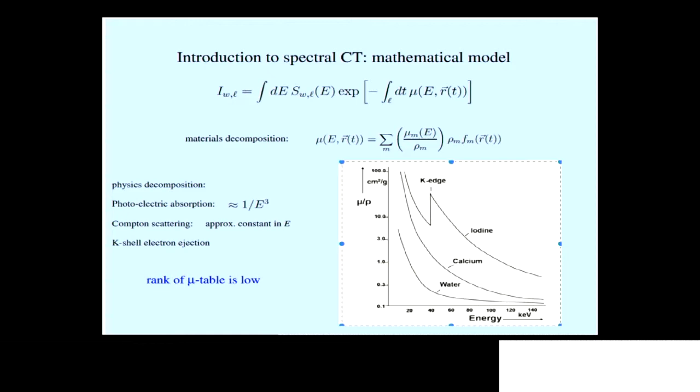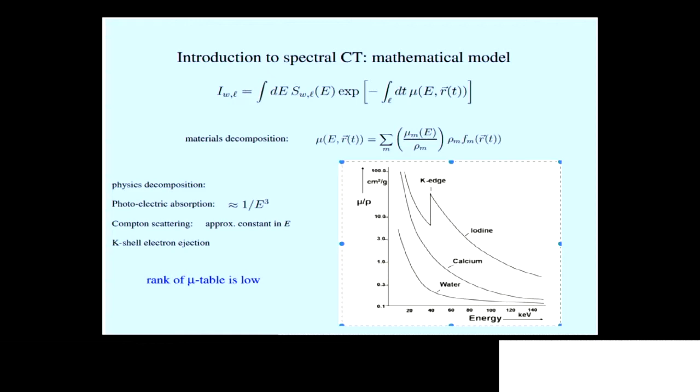It's a little bit more complicated though, because the mechanisms for attenuation are actually not as numerous as the number of materials. In this diagnostic X-ray range, there are two main physical processes going on. There's photoelectric absorption, which has a dependence of about 1 over energy cubed.